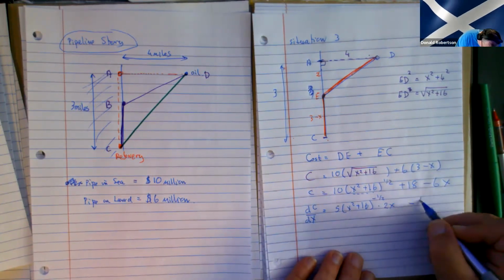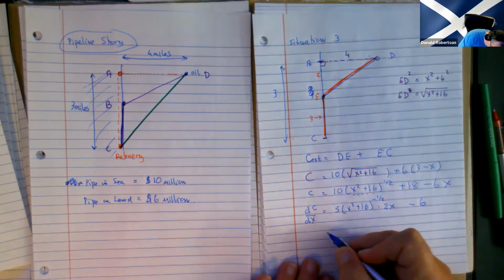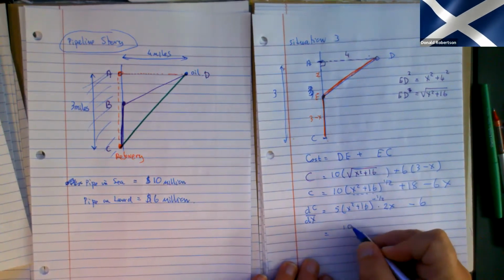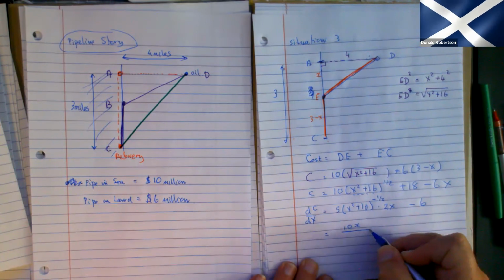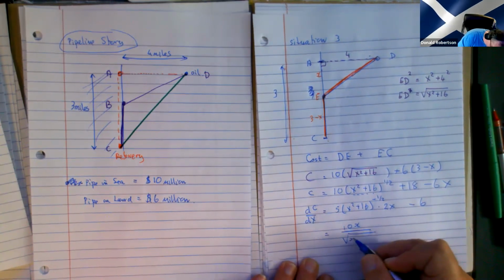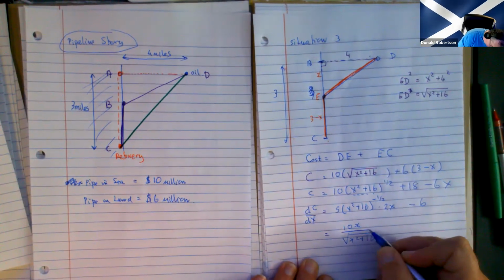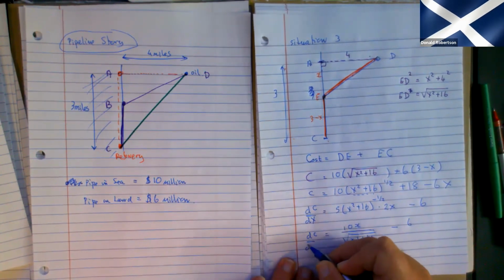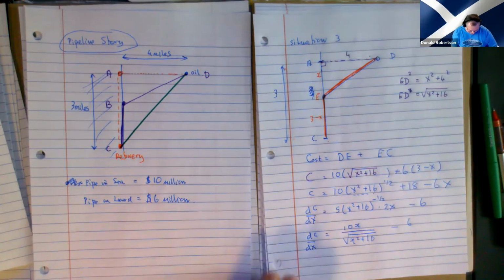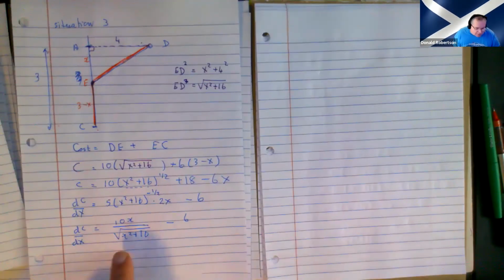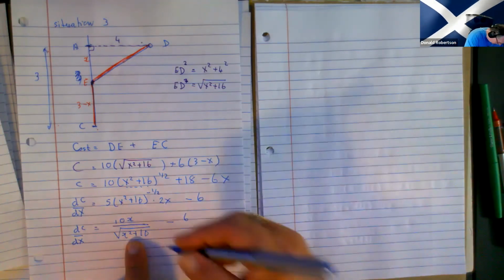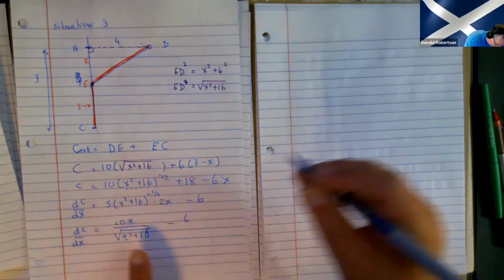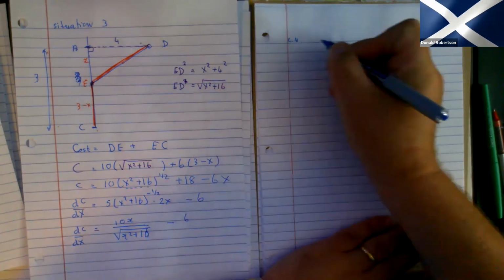Differentiate that guy, you get 0. Differentiate this guy, you get -6. So this is going to be 10x over the square root of x squared plus 16, take away 6. There's our derivative. We want to find critical numbers.